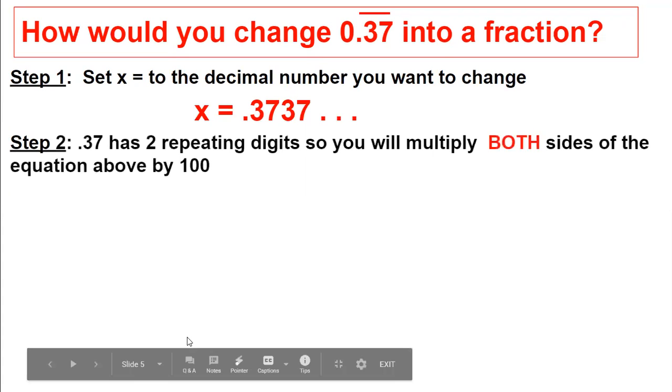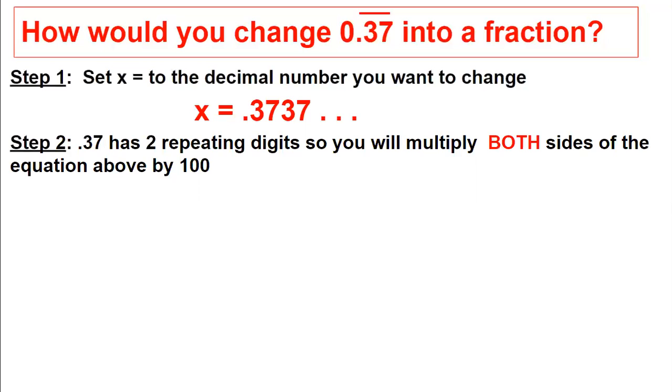Step 2, 0.37 has 2 repeating digits, right? A 3 and a 7. The pattern is 2 digits repeat, 37, 37, 37. So you're going to multiply both sides of the equation above by 100. Why did I pick 100? Because 100 has 2 zeros and 0.37 has 2 repeating digits.